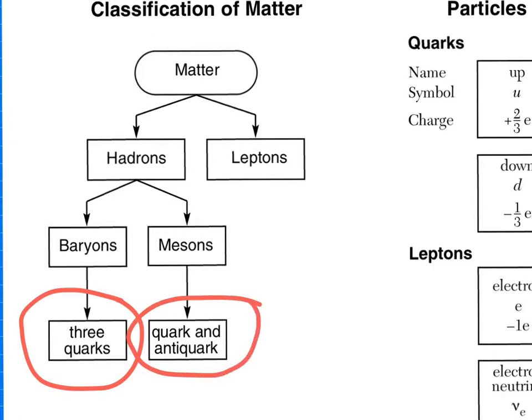Again, you don't know what these quarks are yet. But the point is that baryons and mesons are made up differently. They are comprised of these quarks in different ways. And so that's the difference between a baryon and a meson. Now, baryons we are very familiar with in that they make up your protons and your neutrons.